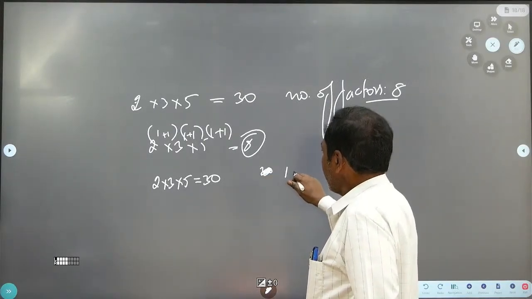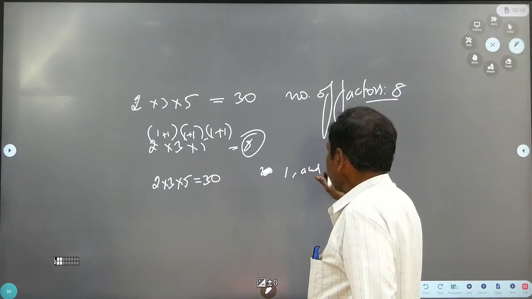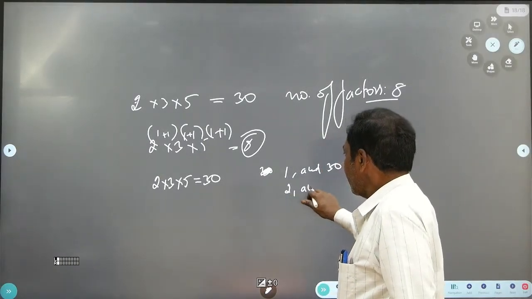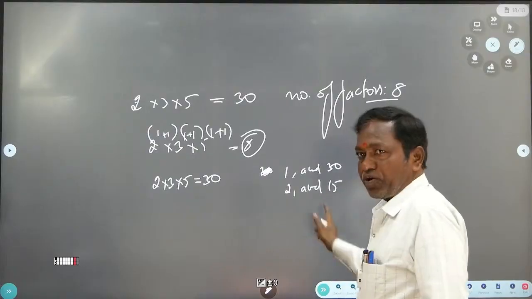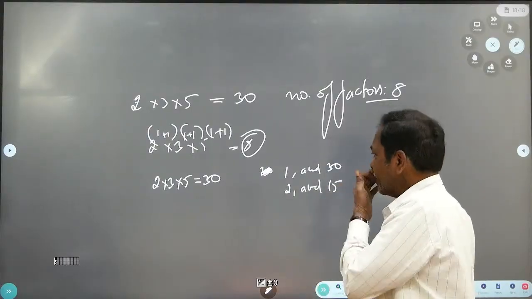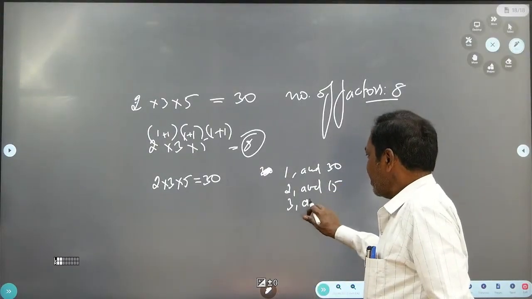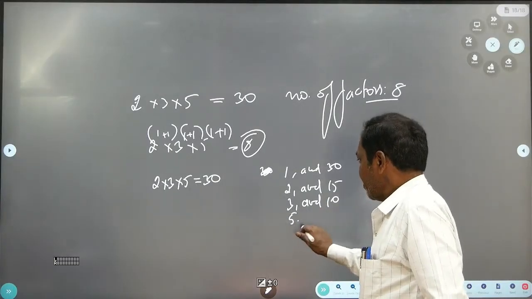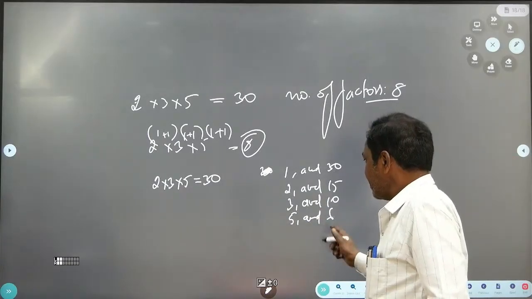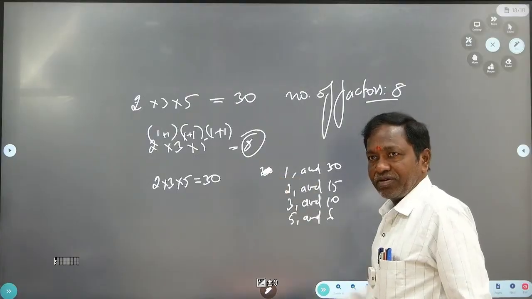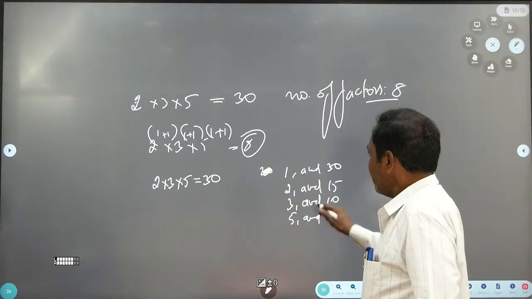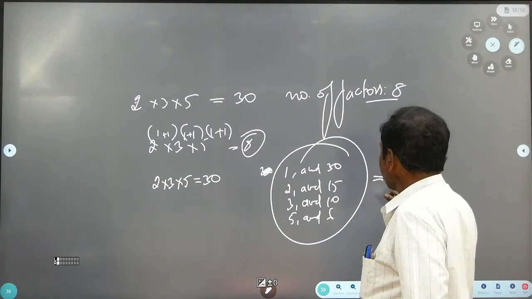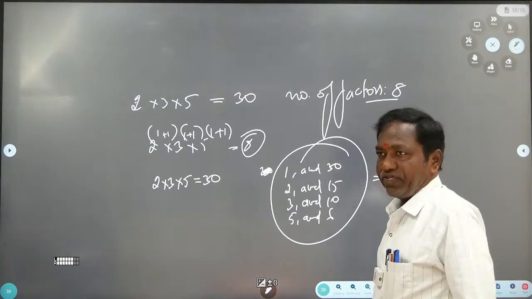Even 1 and 30 also can be taken, right? And you can take 2 and 15, product of factors is equivalent. 3 and 10, 5 and 6, 6 and 5 again reversing it will go. So leave it, stop there. It means there are 8 factors.